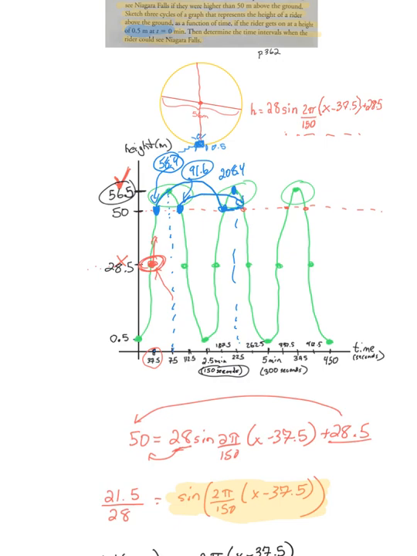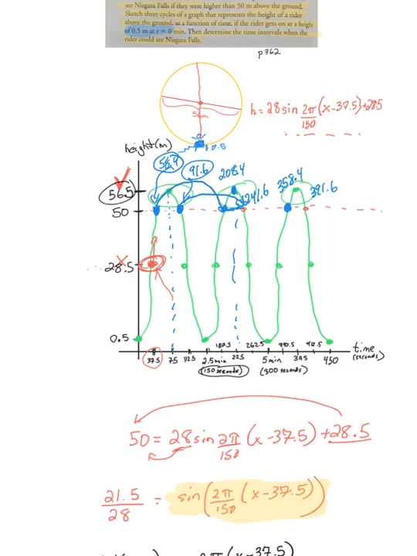That's a full cycle. So 91.6 plus 150 is 241.6. I'm going to add 150 seconds to that, 391.6. And right here, 208.4 plus 150 seconds is 358.4.